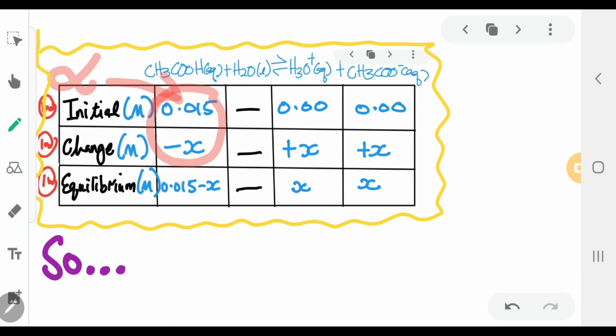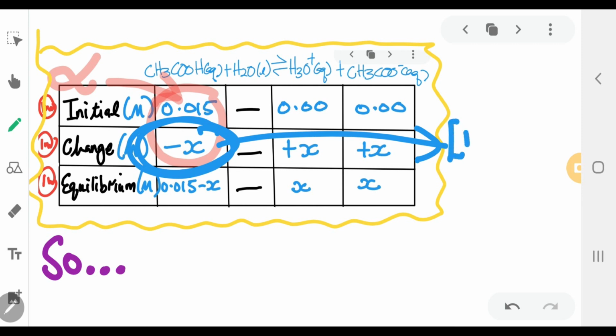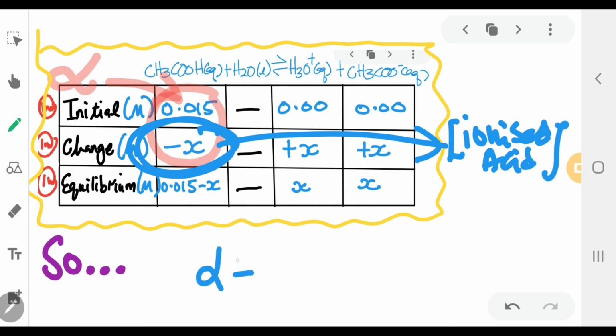Remember that this part of your equation is the concentration of the ionized acid. Therefore, the degree of dissociation for this example will be X over 0.015.